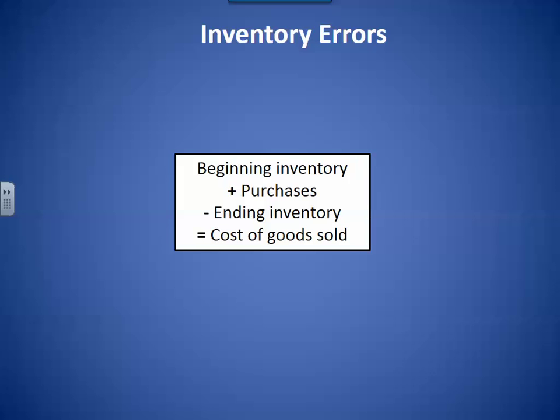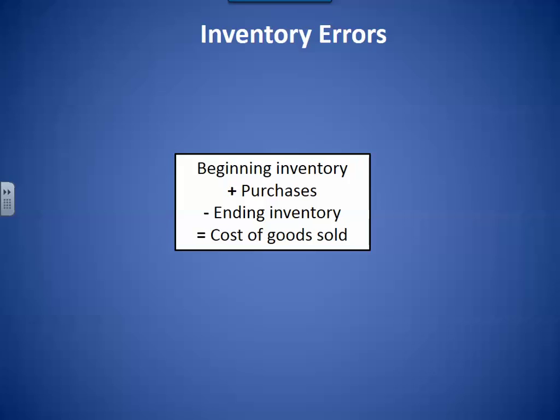If purchases and beginning inventory are properly recorded, but items are excluded from ending inventory, cost of goods sold is going to be overstated. Net income, inventory, retained earnings, working capital, and the current ratio will be understated.